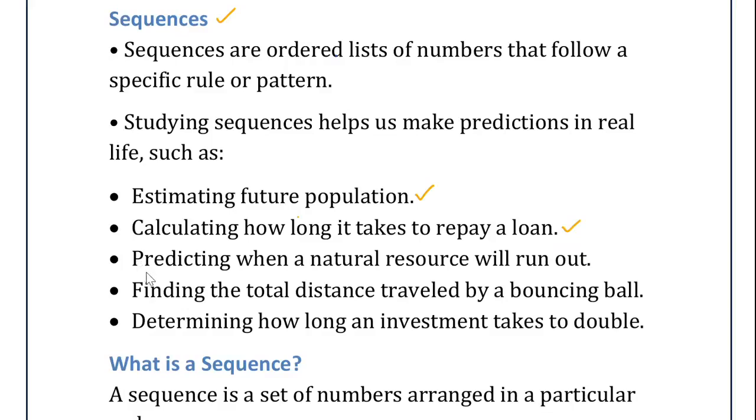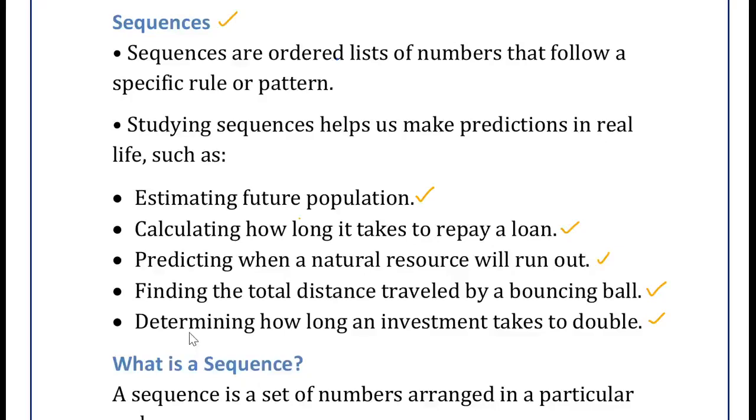It is also important because we are in position to predict when a natural resource will run out, and we use it in finding the total distance traveled by a bouncing ball. And finally, we apply it in determining how long an investment takes to double. These are some of the reasons why it is important for us to study sequences.